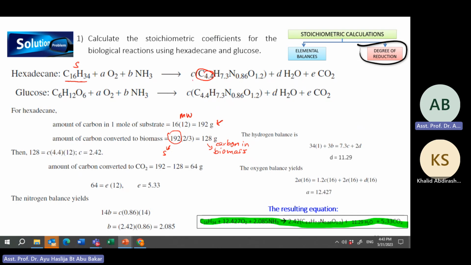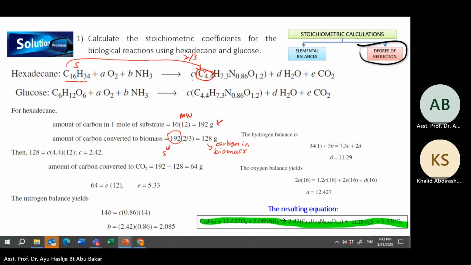Where does the 1/3 of carbon from the substrate go? Two-thirds of carbon goes to biomass.